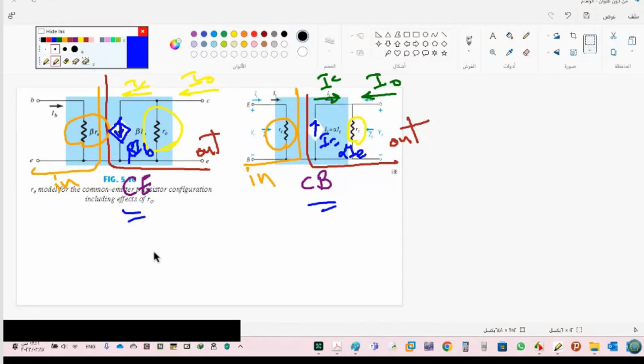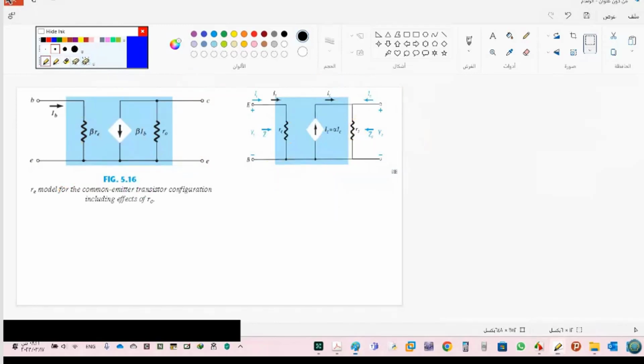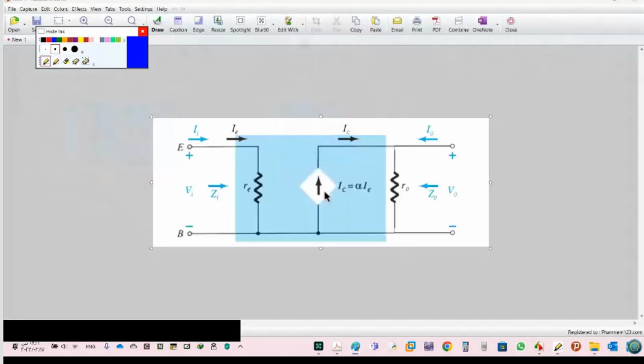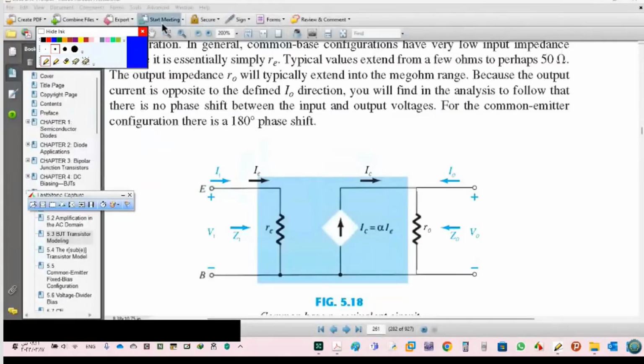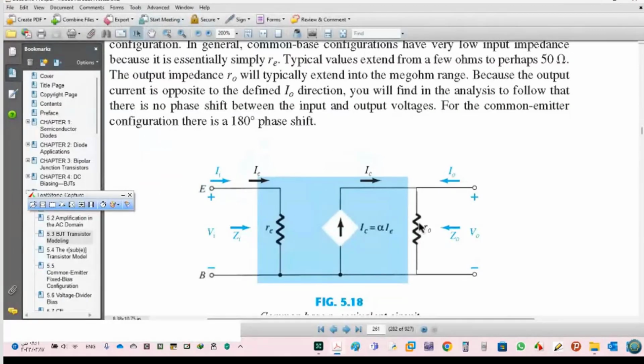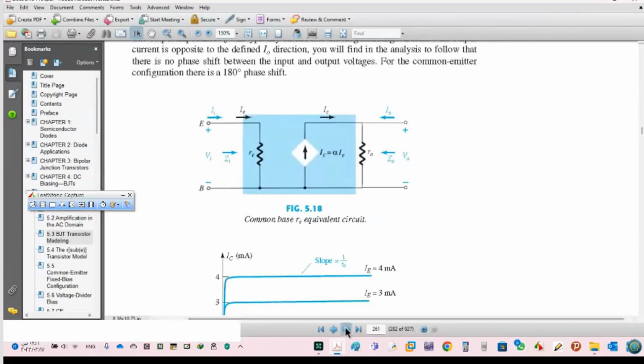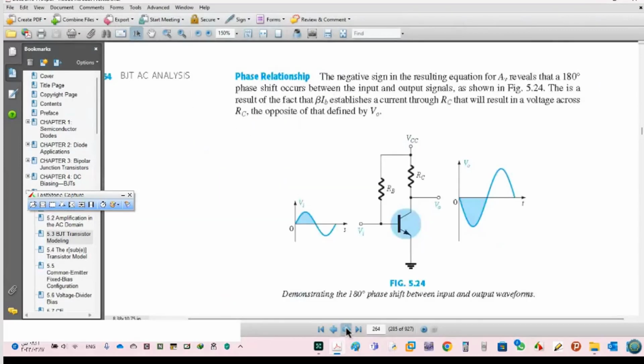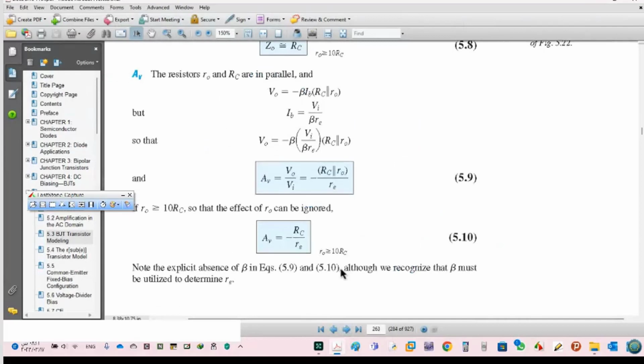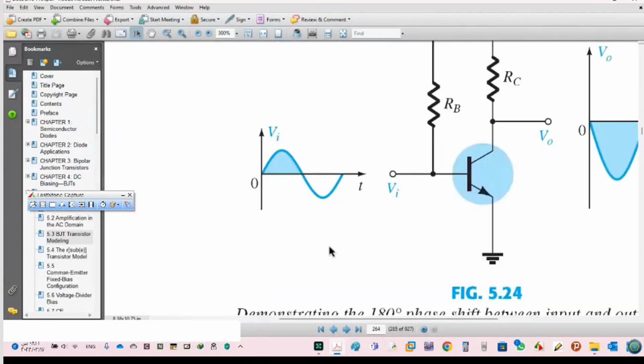Okay, yes. Now, else. How can we solve this one, what is the benefit of this one? Now, let's go to the common base and start to solve common base. See, for common emitter, if you see here, we have like this.